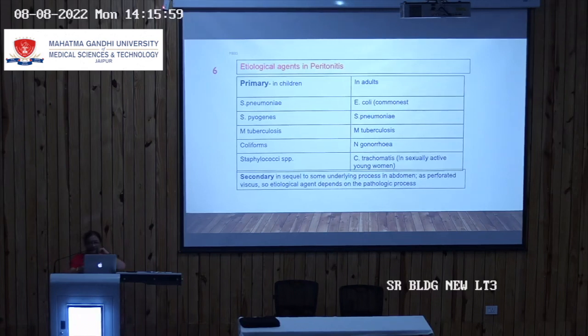This peritonitis can be secondary, as a consequence of an underlying process in the abdomen, like a perforation, such as perforation of appendicitis or any other ulcer in the intestine. So the etiological agent depends on the pathological process which is causing the peritonitis.